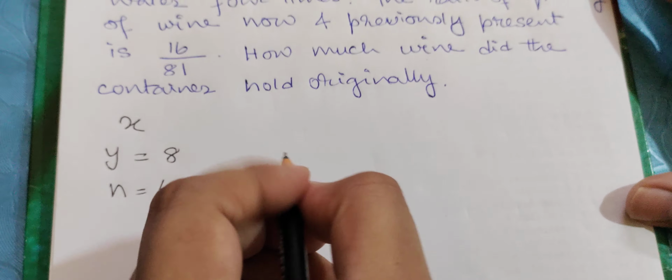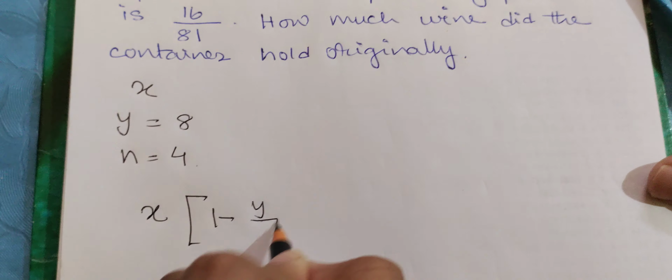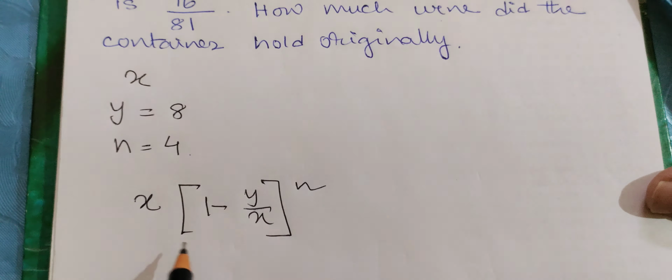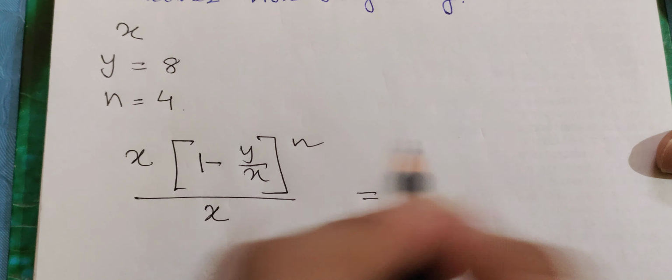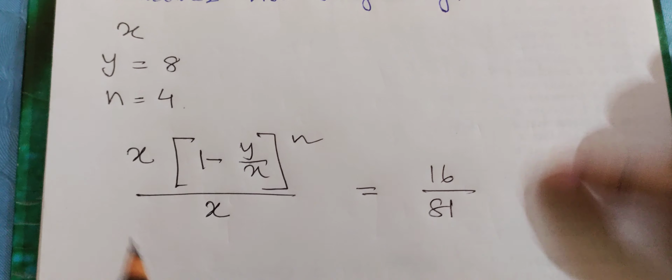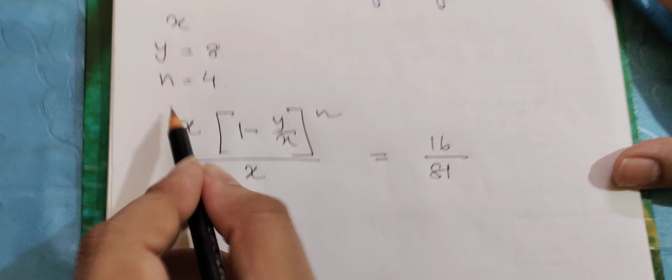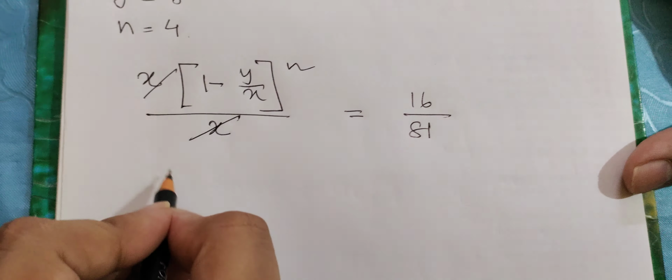So the amount of wine now present is this, and the amount previously present was X, and the ratio is given as 16 by 81. Now this is the present amount and this is the previous amount, so X will nullify each other.